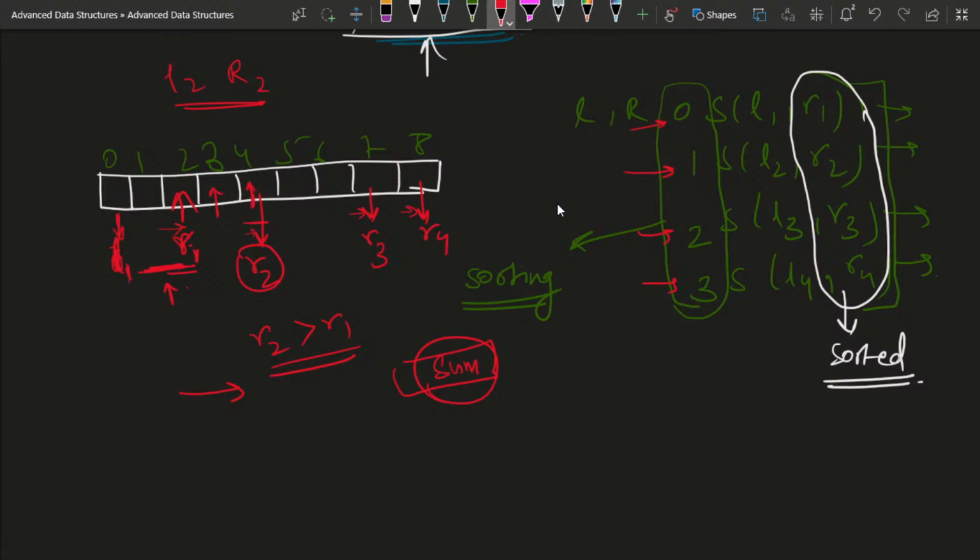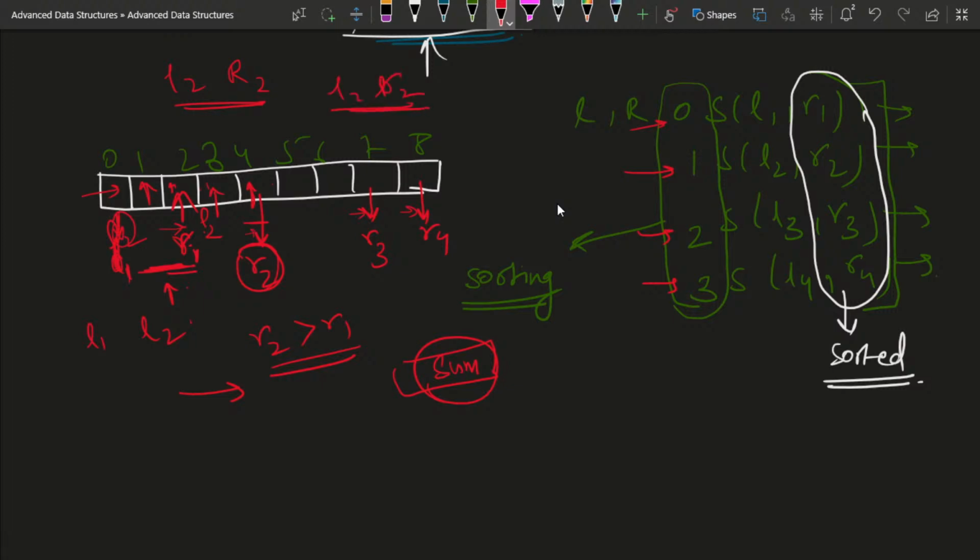Then if L2 falls somewhere at this point, we decrease all the elements that fall between L1 and L2: we subtract this element, then this, then this, and then this. That would store the result of L2 to R2.